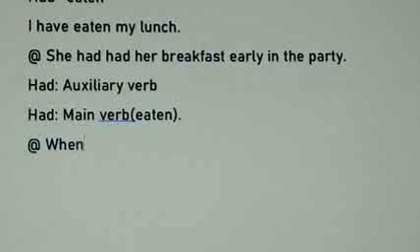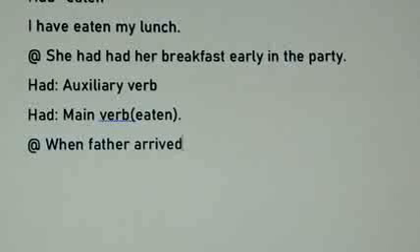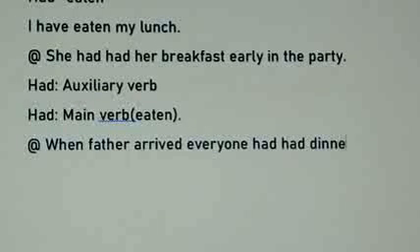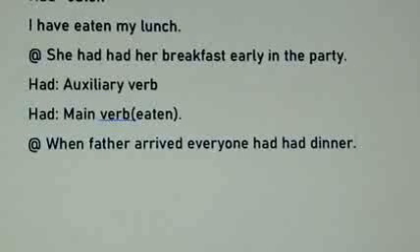When father arrived, everyone had dinner. In this sentence, my dear children, let me explain you one thing. This sentence is a little bit different from the above given sentences. When father arrived, everyone had dinner.